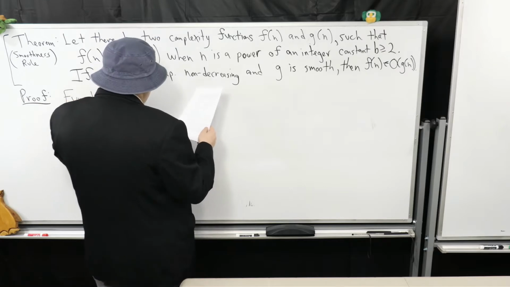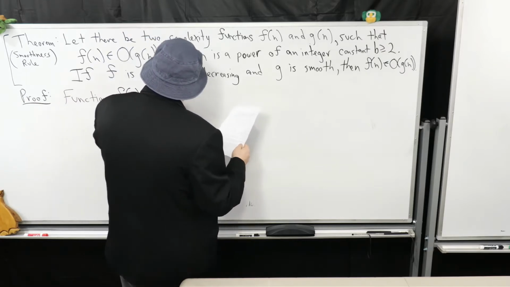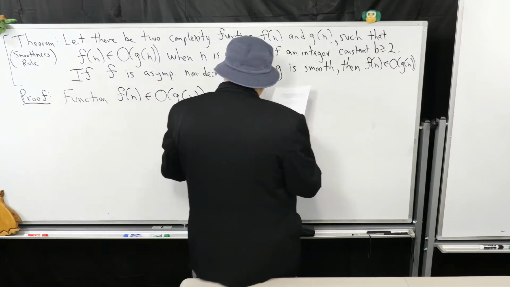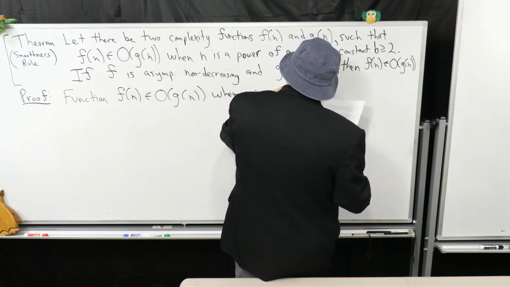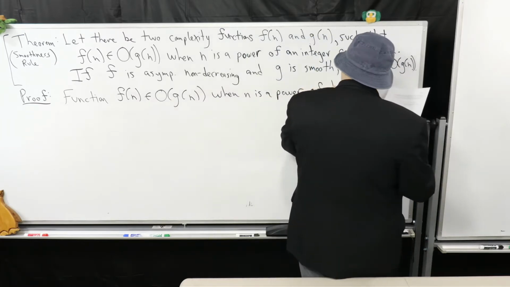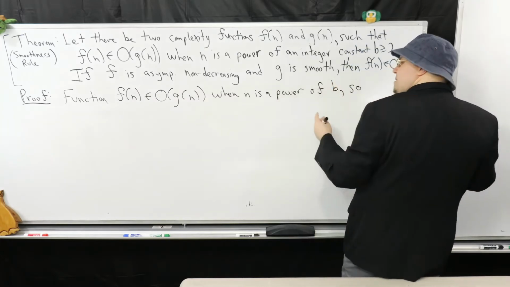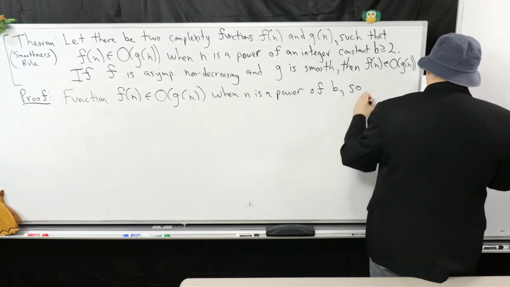So I'm going to say function f of n is big O of g when n is a power of b. What does that mean if this holds? We just use the definition of big O again, right?